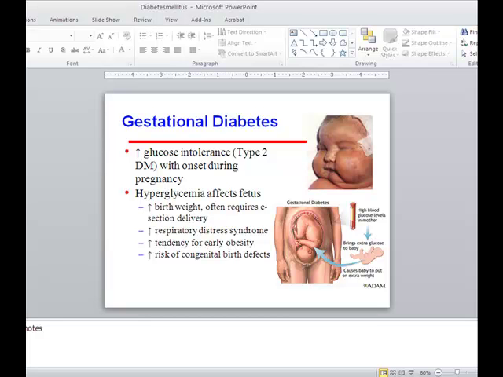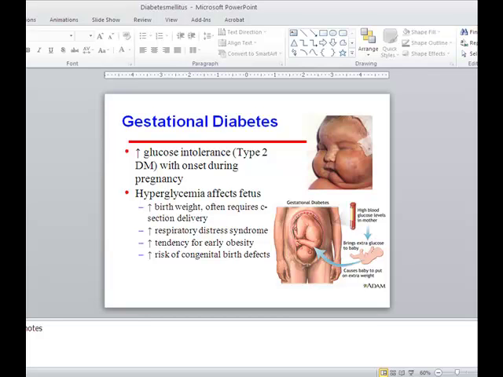Okay, gestational diabetes. As I mentioned, this is the diabetes that develops in pregnant women. Not all, but some, who actually gain a lot of weight. And it's not just gaining weight, because if just gaining weight pushes them in the direction of diabetes, then most pregnant women gain weight, so not everybody ends up with diabetes.